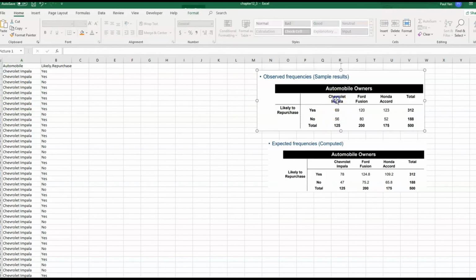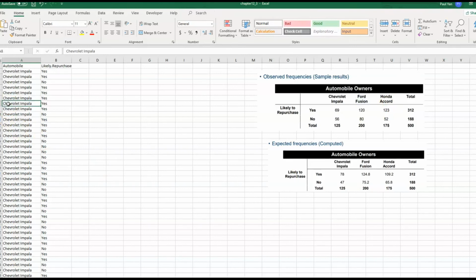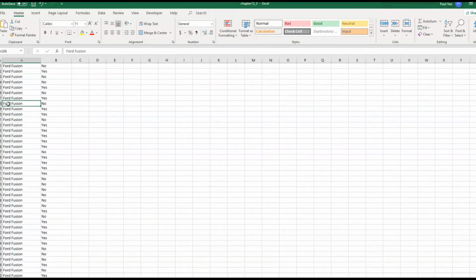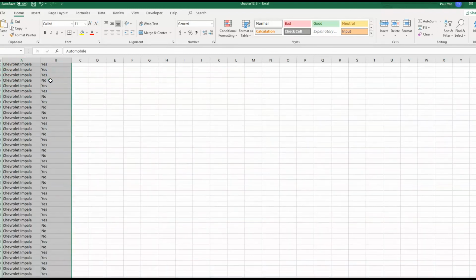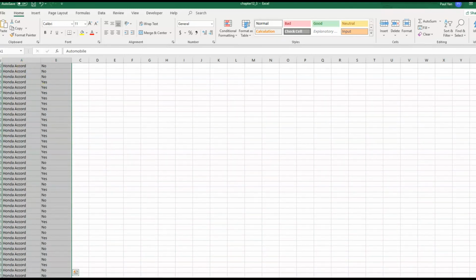Actually, you'll see that 1, 2, 3, the 3 types, just going down. Then this is type 2, yes or no, and going back. We are going to generate table 1 first. Let's highlight both columns. Control Shift down arrow. Okay, click Insert.